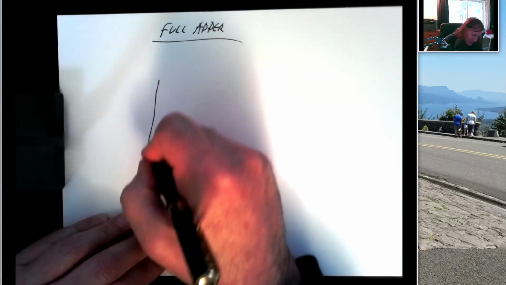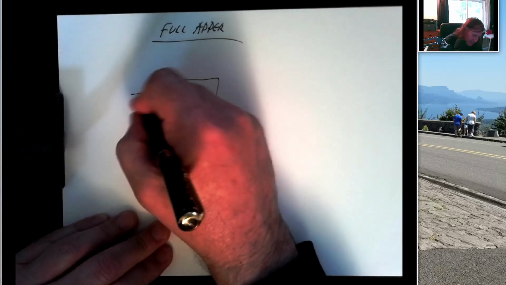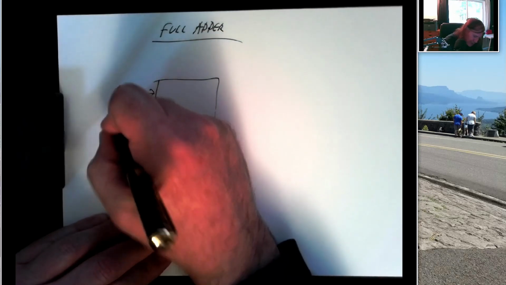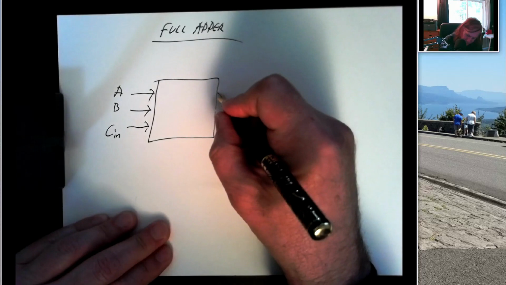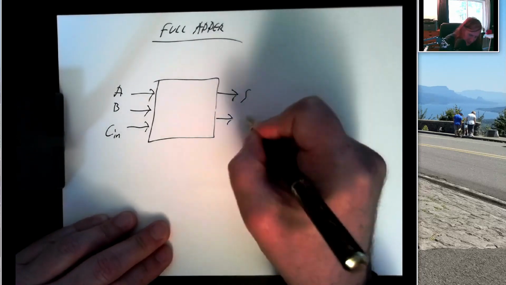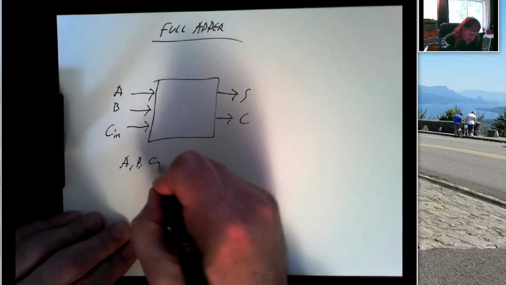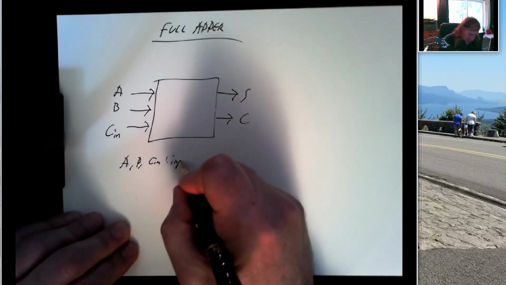And a full adder looks like this. There's an A, there's a B, there's a carry in, and on the output side there's a sum and there's a carry out. A, B, and C are input bits.